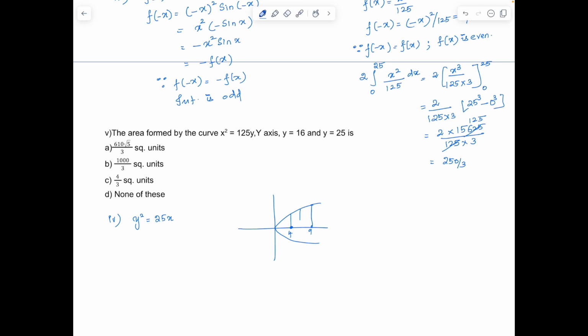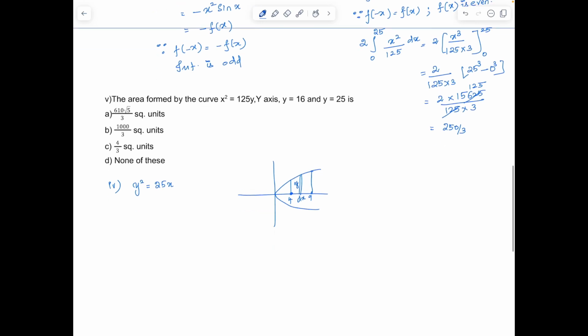Let's consider a slice on the x-axis, that is dx, and the height of the slice is y. So it becomes integral 4 to 9 y dx. From y square is equal to 25x, let's get y, which is 5 root x.